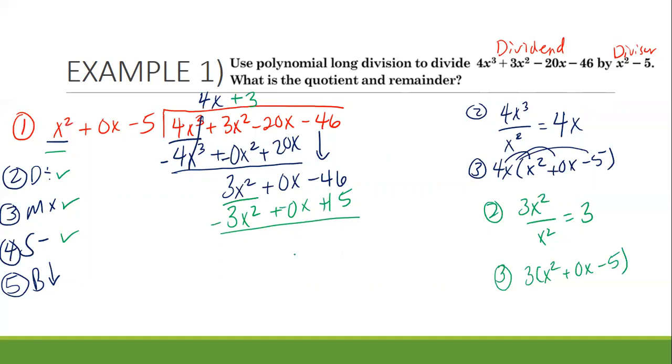That leaves me with negative 46 plus 15 is negative 31. There's nothing left to bring down. And so here's my remainder. And here's my quotient. So my quotient is 4x plus 3, and my remainder is negative 31.